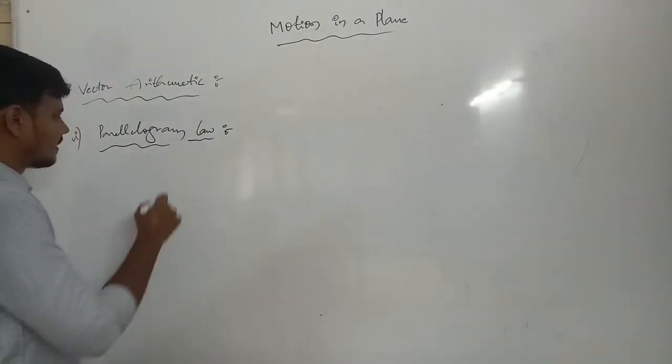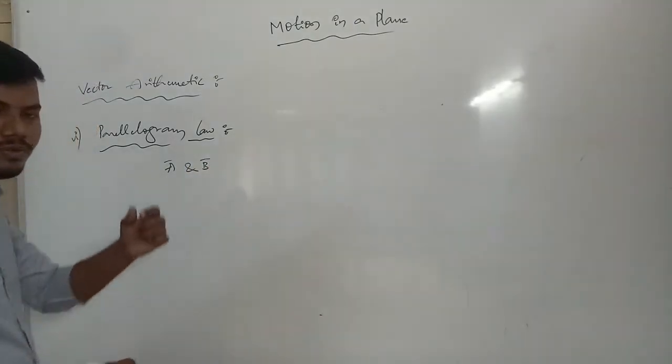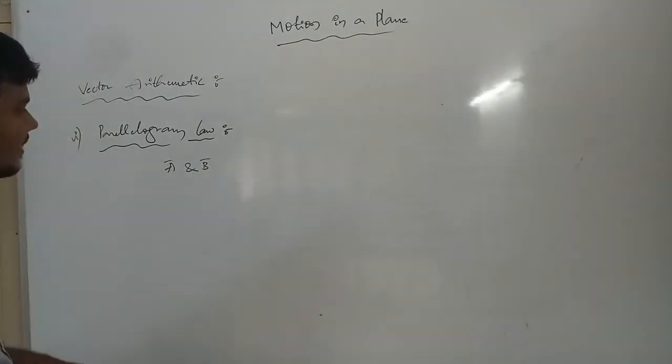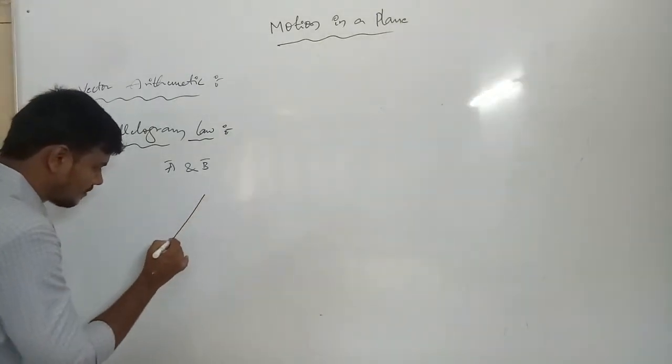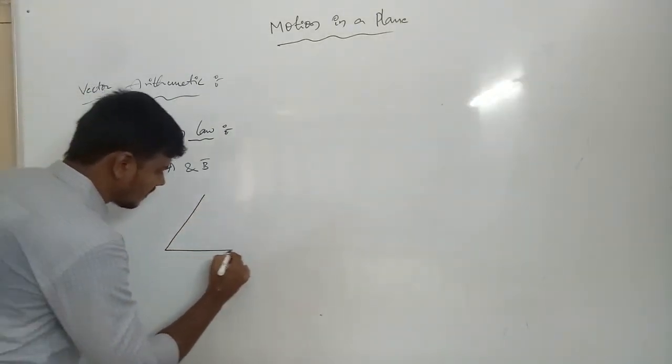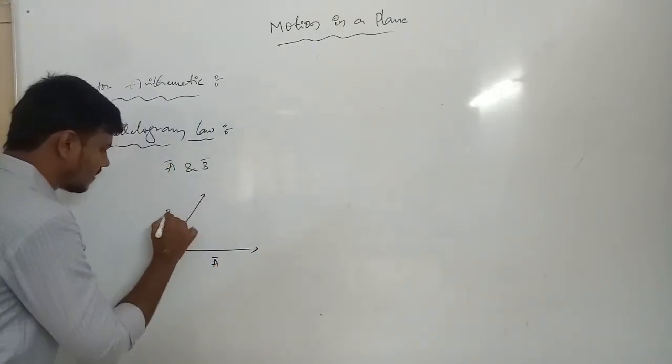Clear? Now, the sixth one, parallelogram law. They mainly use A bar and B bar, two vectors: the first vector A bar and the second vector B bar. Now I am introducing the terminals. This is A bar, this one is B bar.